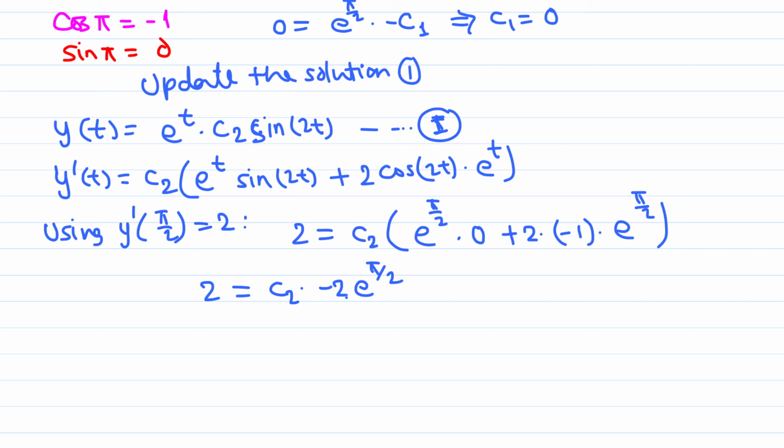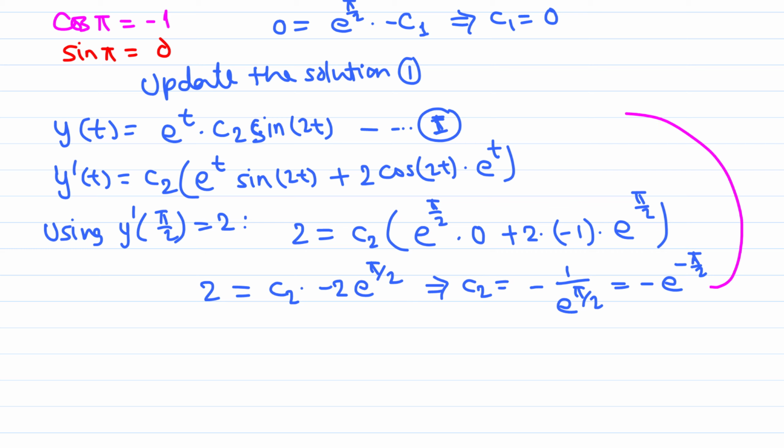So let's divide both sides by this number so that we get c2. So 2 over negative 2 times e pi over 2, the 2 and 2 cancel. So negative 1 over e pi over 2, which is the same as negative e raised to negative pi over 2, if we move it up because the exponent becomes negative. That's c2.